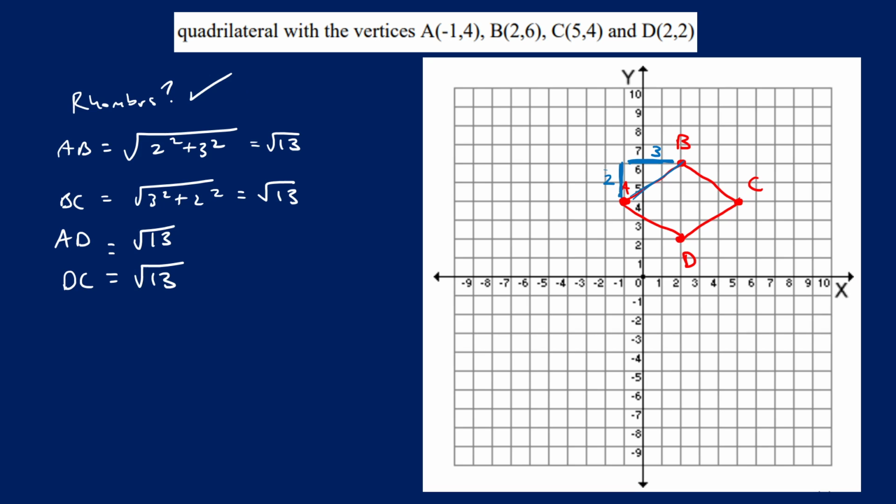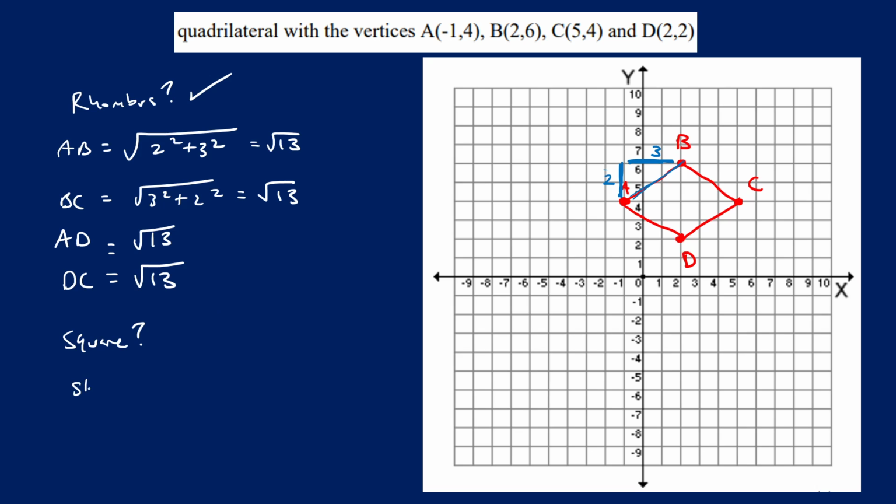The question now is, could it be a square? Right, so if something is a rhombus, then we need to rule out that it is not also a square. Fastest way to do that would be to show that something is not a right angle.